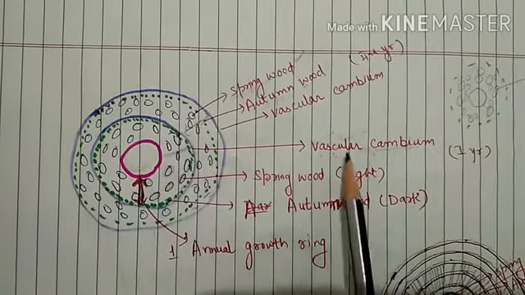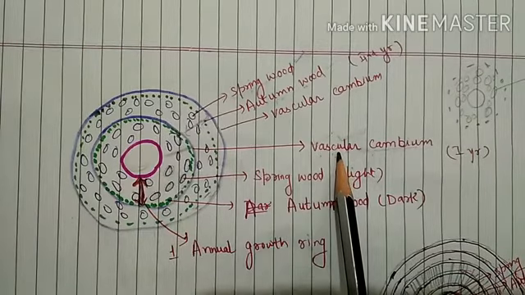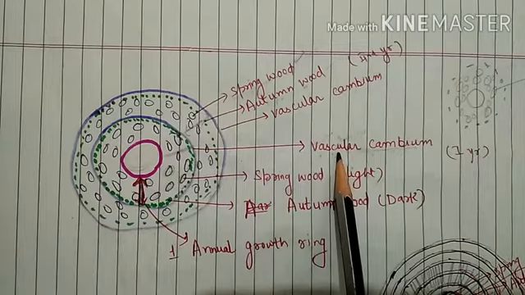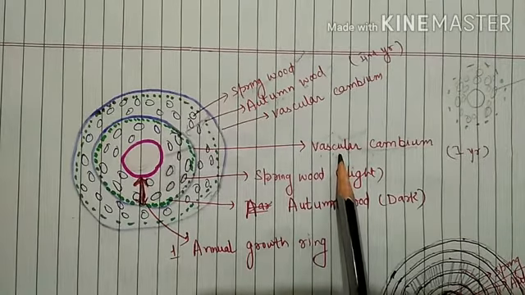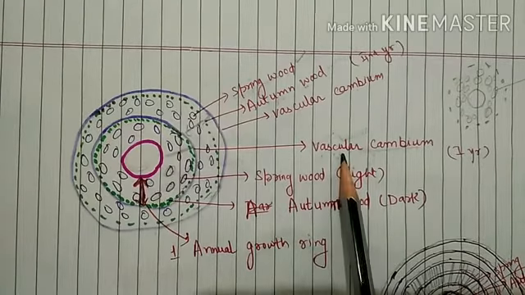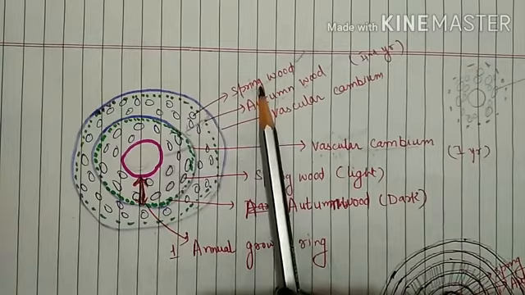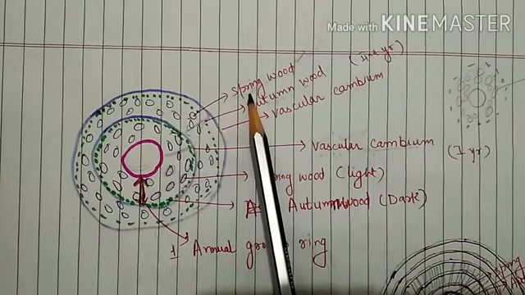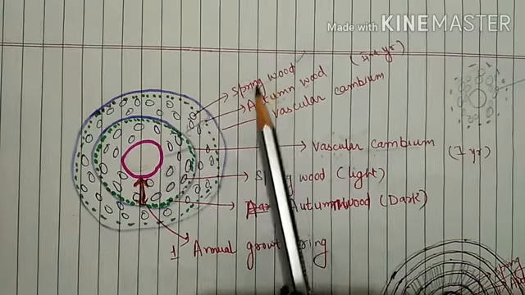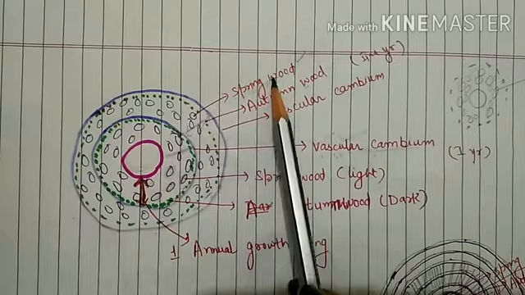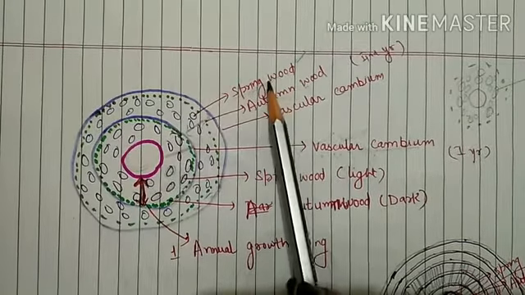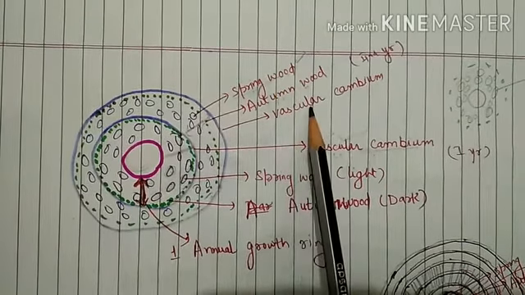The activity of the vascular cambium, which is also known as cambial ring, will be more in the spring season, and the wood which is formed in spring season is known as spring wood, or early wood, which is formed during the favorable growth period of the plant when the activity of the vascular cambium is more.